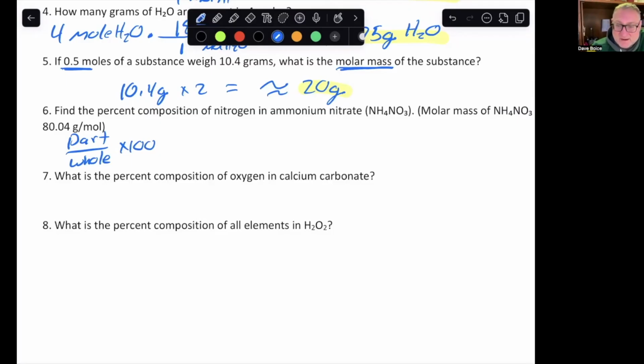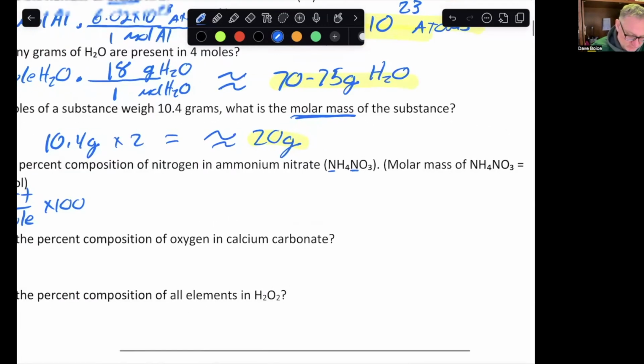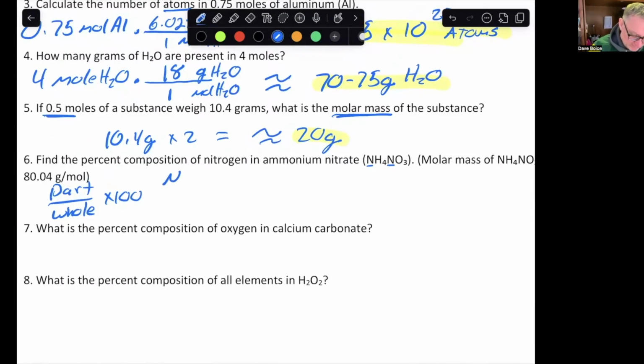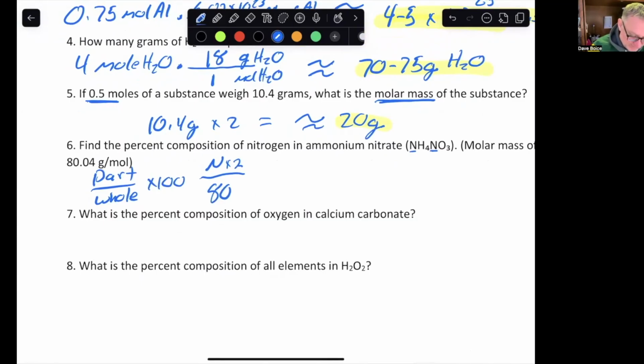Now, I want to know nitrogen. For nitrogen, I have one here, but I also have one here. So I have 2 nitrogens. It's important to notice that. So I am going to do part over whole, which is going to be N times 2 divided by, and I already have my molar mass, so 80.04, and 2 nitrogens is going to be 14 times 2, so 28 divided by 80.04.